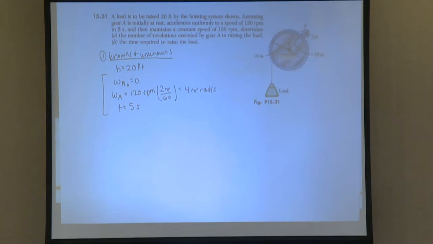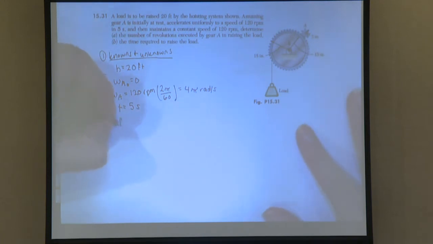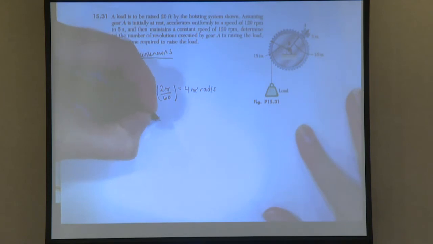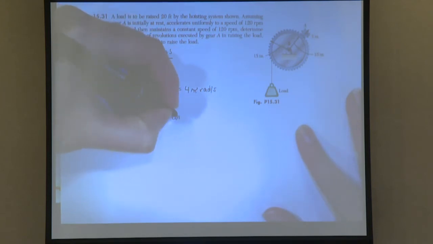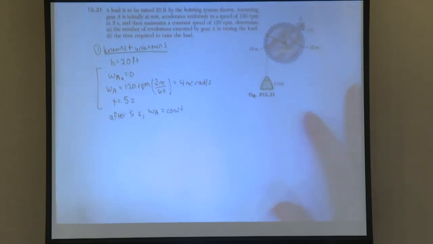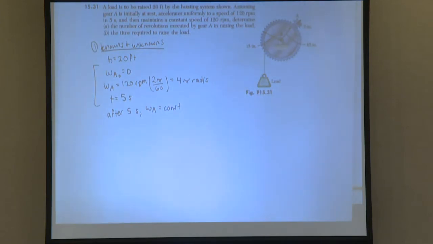So once it reaches 120 RPM, it doesn't accelerate any further and it just has a constant velocity. Is everyone okay with that? All right. So we could say after 5 seconds, omega A is constant. And if I were to tell you that you have a constant angular velocity, what does that mean for alpha? Yeah. Very good.